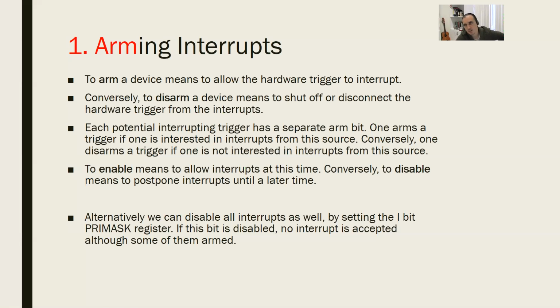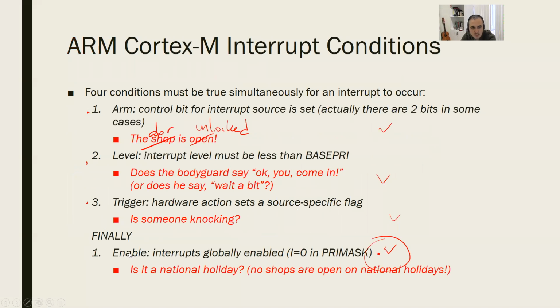Each potential interrupt source has a separate ARM bit. And for some of them, they have separate 2 ARM bits, an optional one as well. We have talked about this. To enable an interrupt source means to allow interrupts for that device. And to disable means to just stop interrupts. So this arming is enabling. And remember that this first step is also related to a global interrupt steps as defined here.